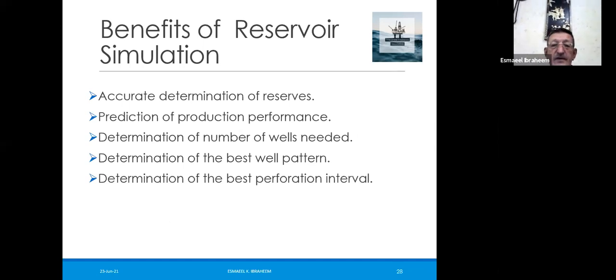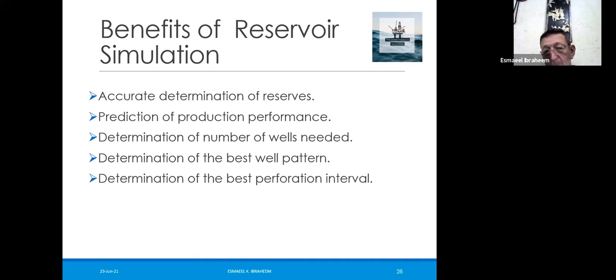Benefits of reservoir simulation. What are the benefits of reservoir simulation? It gives you the accurate determination of reserves, prediction of production performance, determination of the number of wells needed, determination of the best well pattern, and determination of the best perforation interval.